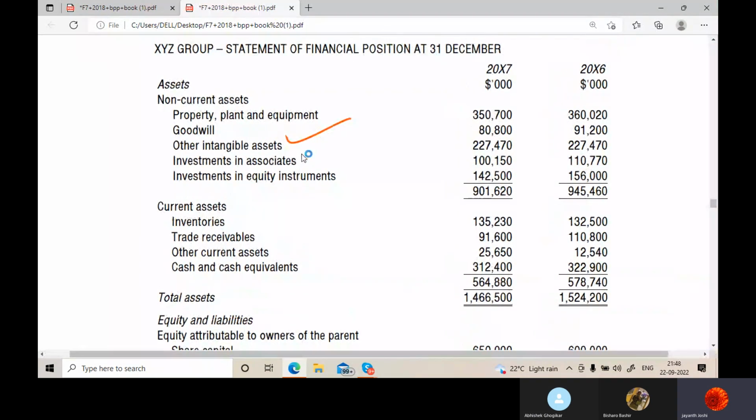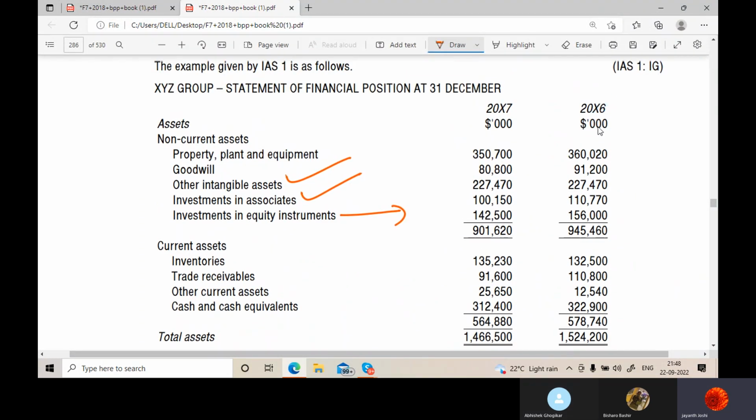Investment in associates, yesterday I have discussed. Investments in equity instruments, that means you're buying some stocks of some company and the value of that may also grow. So you can see the differences here. In 2006, this was the position of your balance sheet. Your business value was high. This year the value has decreased.